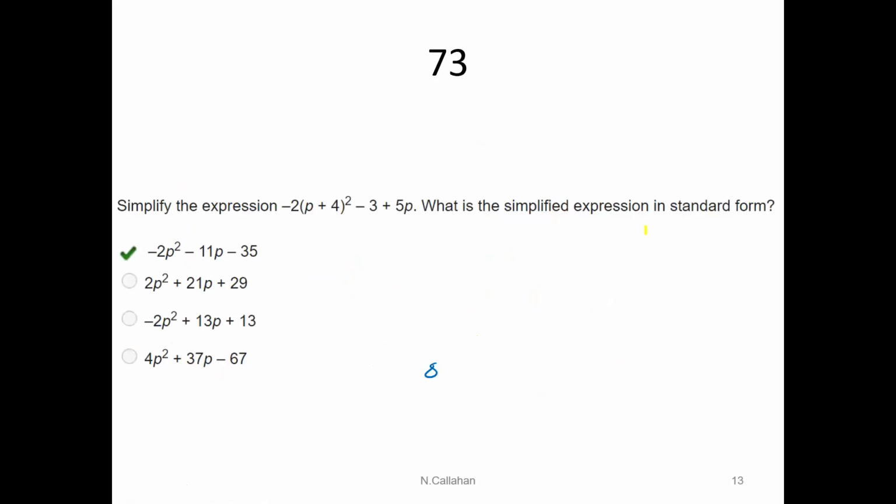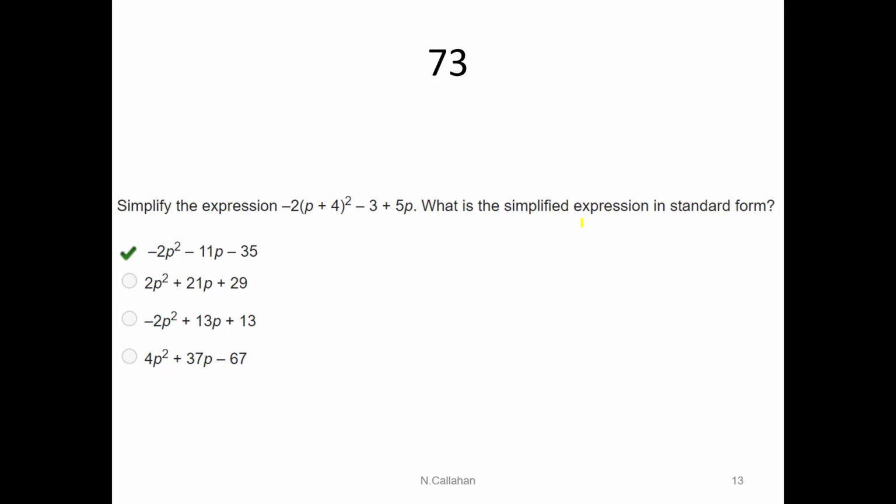Number 73, go ahead and take a moment and read that. All right, so let's take a look at this.